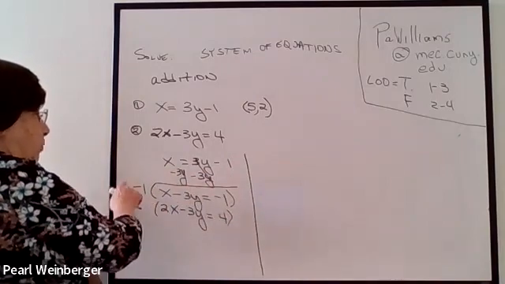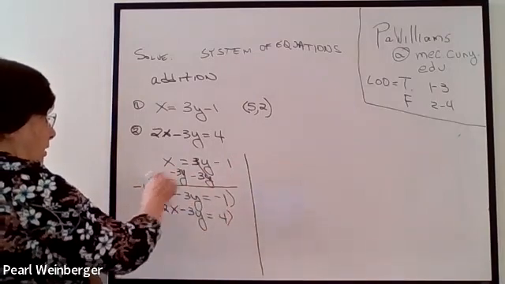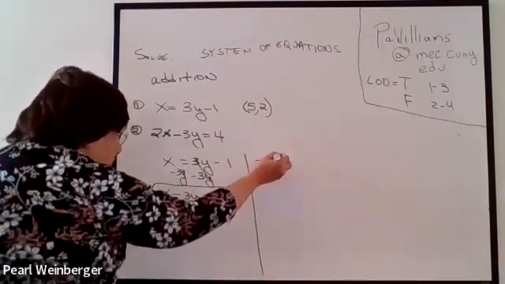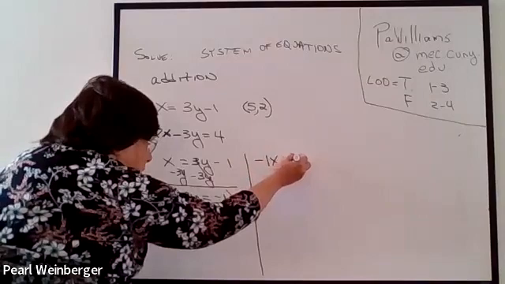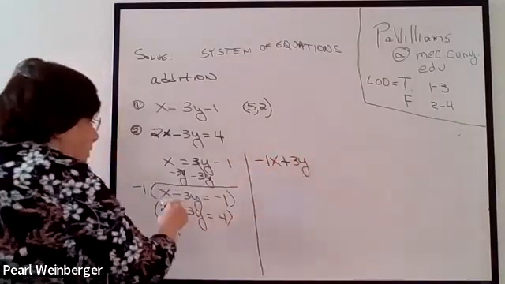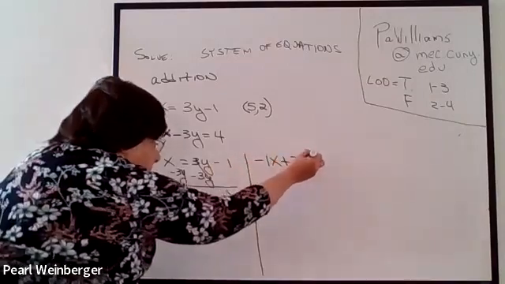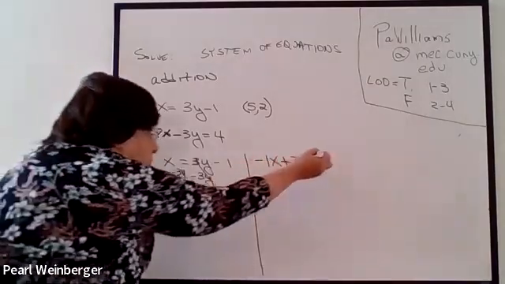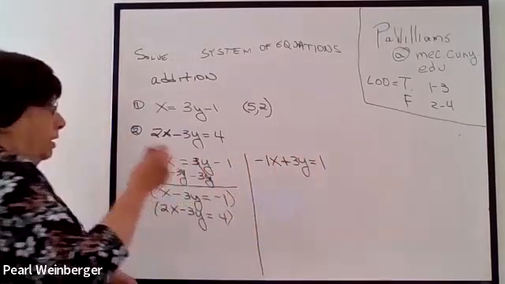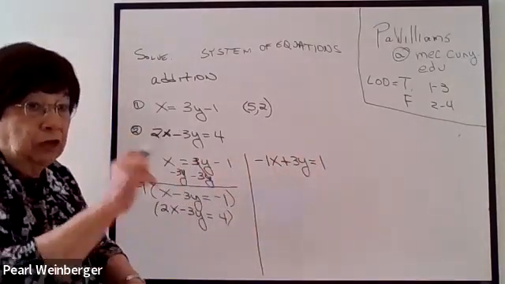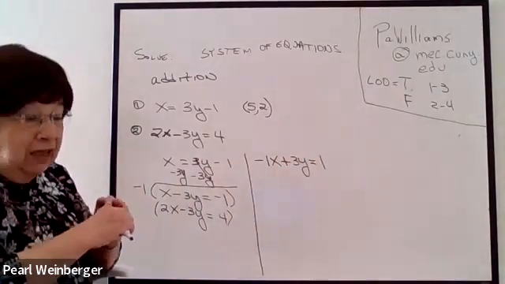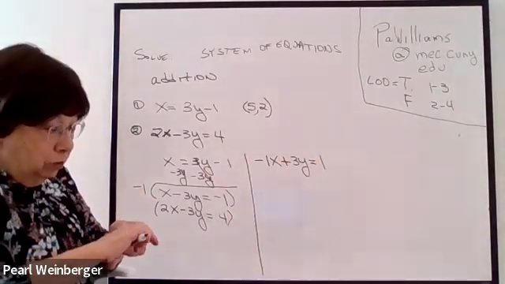Multiplying this top equation by -1 gives me -1x plus 3y, because -1 times -3 is +3, equals -1 times -1, which is +1. Again, be careful to multiply throughout the whole equation, both sides, every single term.